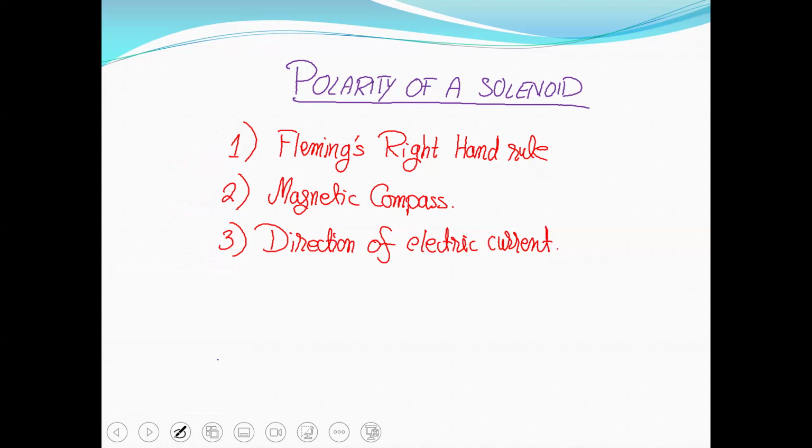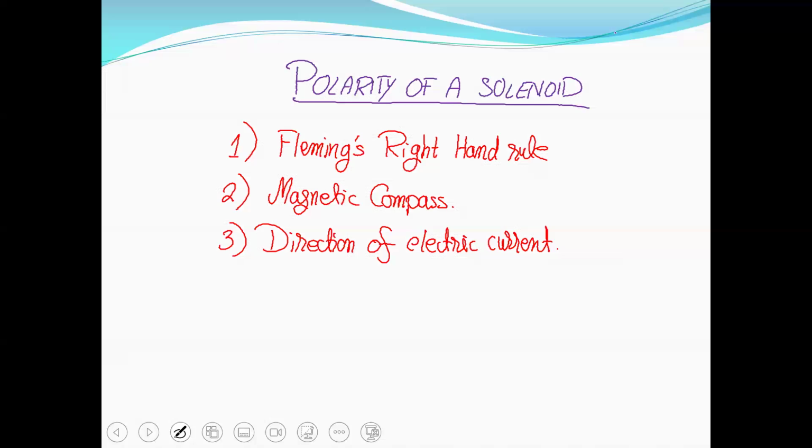Now you have to copy. The heading was already given. So now after giving the heading, write under it: polarity of a solenoid. Number one, Fleming's right hand rule.